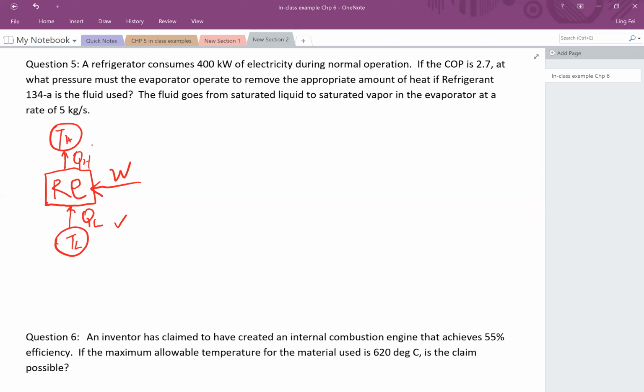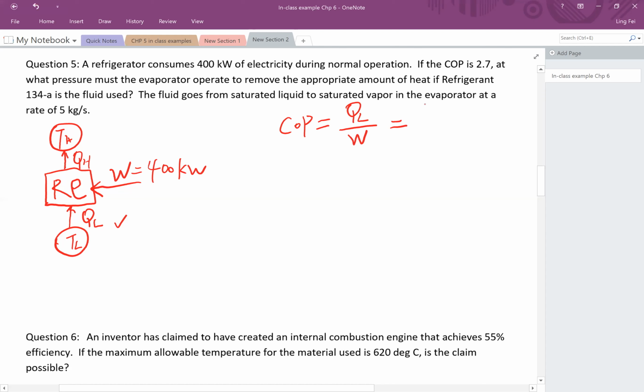When you try to solve a problem, always start with the 3-block diagram. That's very simple and easy for you to follow up. So let's look at this. Our refrigerator consumes 400 kilowatts. So this is 400 kilowatts. During normal operation, COP for refrigerator, COP is desired, it's QL divided by input work.